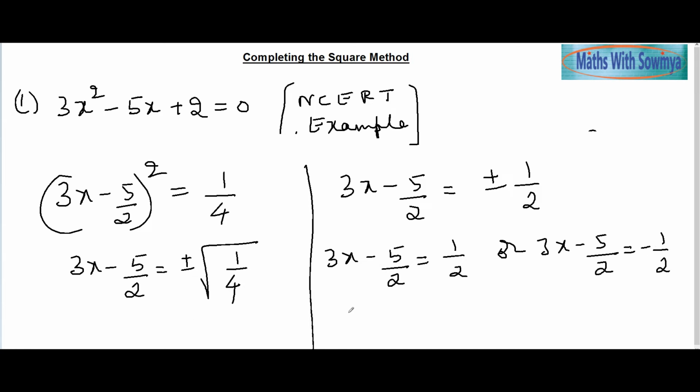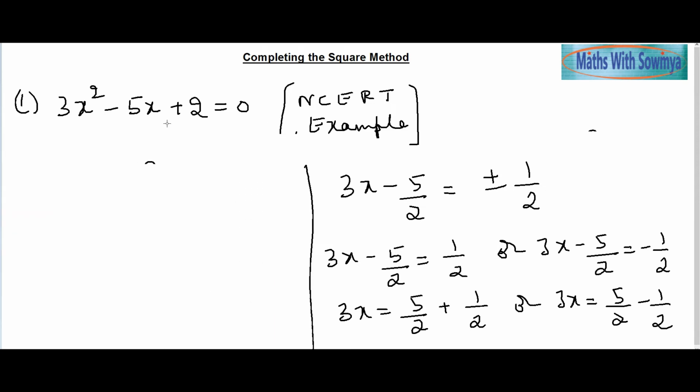We can easily find the values now. 3x is 5 by 2 plus 1 by 2, or 3x is 5 by 2 minus half. Now in the first case, 3x will be 5 by 2 plus 1 by 2. So 5 plus 1, 6.